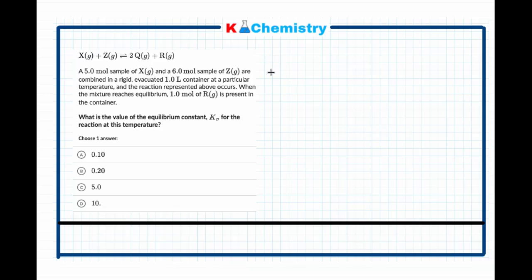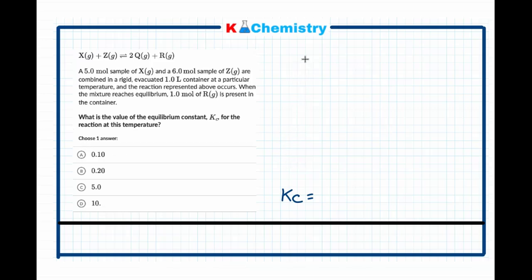So in order to find the value of the equilibrium constant Kc, we must find the concentrations at equilibrium. If you are given concentrations that are not at equilibrium, like the initial reactant amounts, then you have to find the concentrations at equilibrium by using an ICE table.